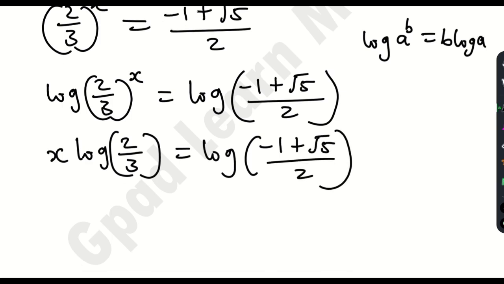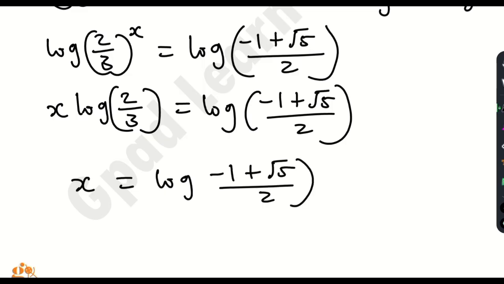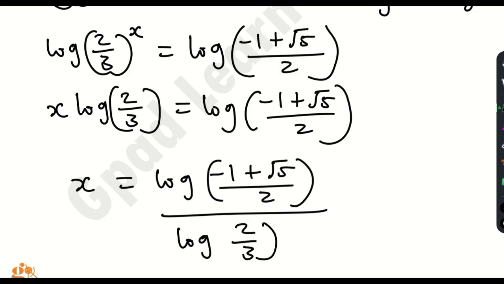Since I'm interested in getting x, I will divide both sides by log 2 over 3. So I have x, which is equal to the logarithm of minus 1 plus root 5 over 2, all divided by the logarithm of 2 over 3.